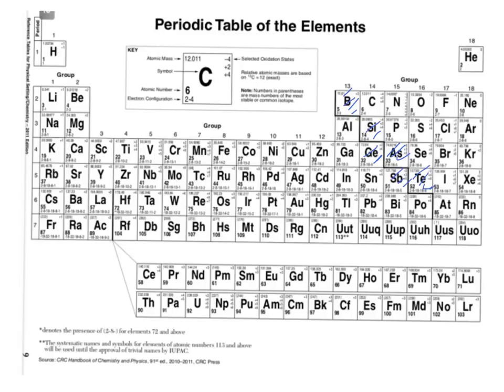Shaded in blue are the metalloids. Everything that falls to the left or under the staircase are metals, including these inner transition metals. And everything that's above or to the right of the stair steps, these are called nonmetals.